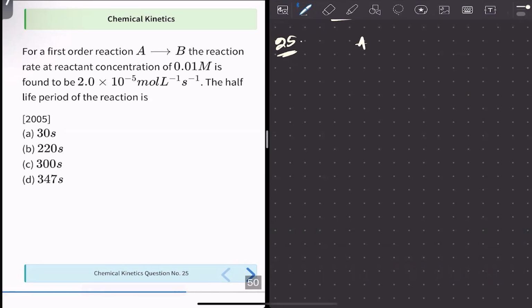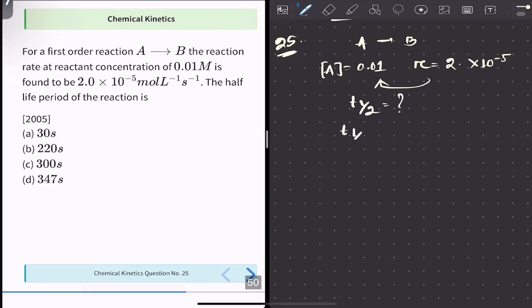So reaction is given as A gives rise to B, and it is an elementary reaction. Reactant concentration is given as 0.01. The rate of reaction is given as 2 into 10 to the minus 5 at this reactant concentration. It is asking for T half.